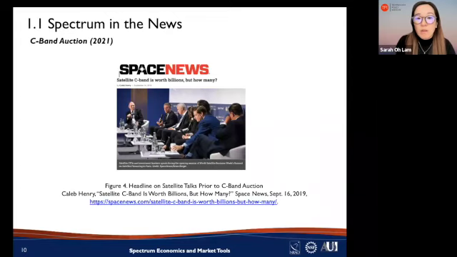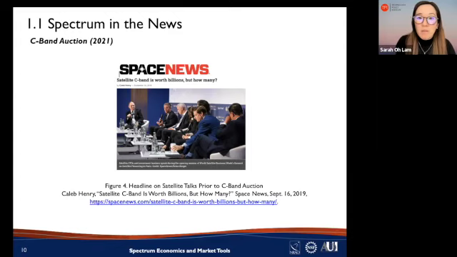In the C-band, there were a lot of different players in that band. There were satellite users, and back in 2019, they were discussing how they would be moved out of that band.